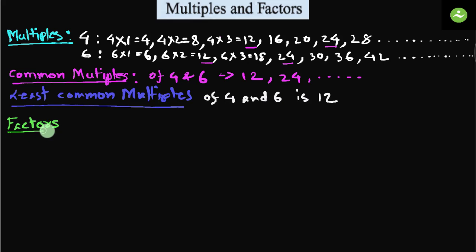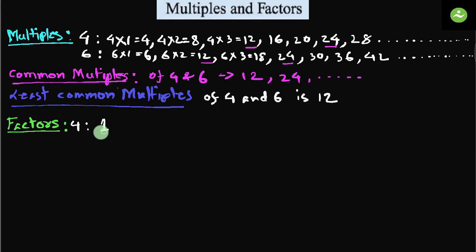Factors. What are the factors? Let us consider 4. What are the factors of 4? To find the factors of 4, we ask if 1 is a factor of 4.